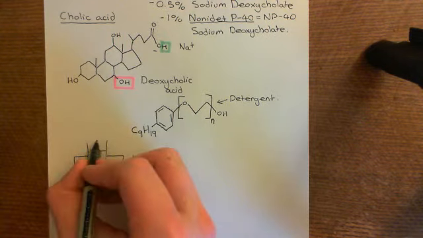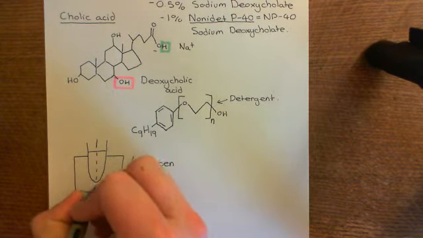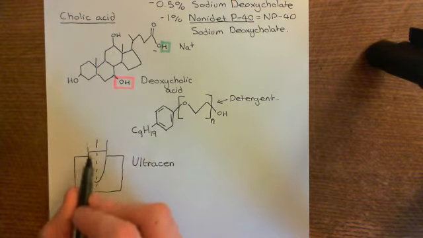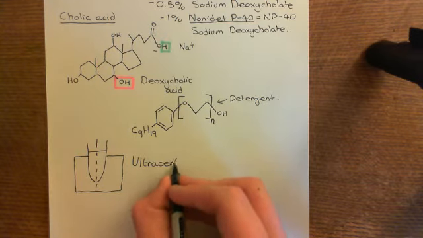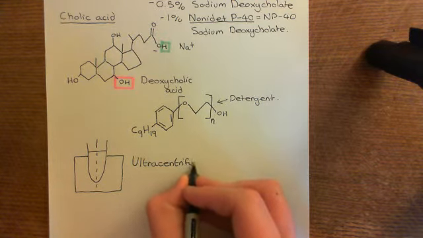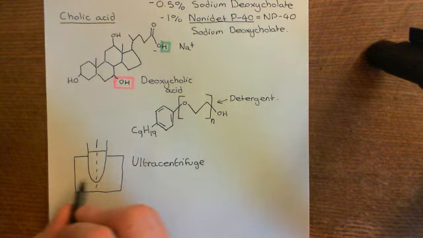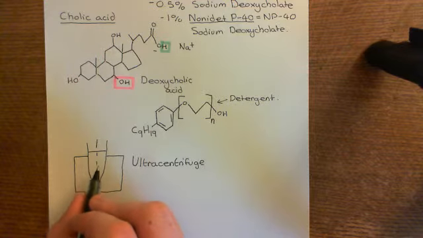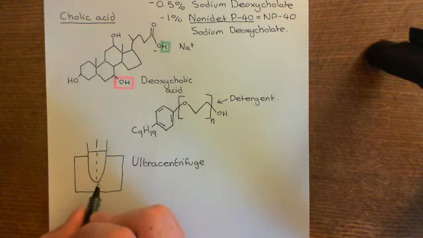So if this is the axis of rotation, the axis along the test tube is going to be the axis of rotation. We're going to spin it around like that. Okay, so this is an ultracentrifuge that we're going to use to do this, and it will basically spin this test tube round and round, and this will basically get out all of the large structures.